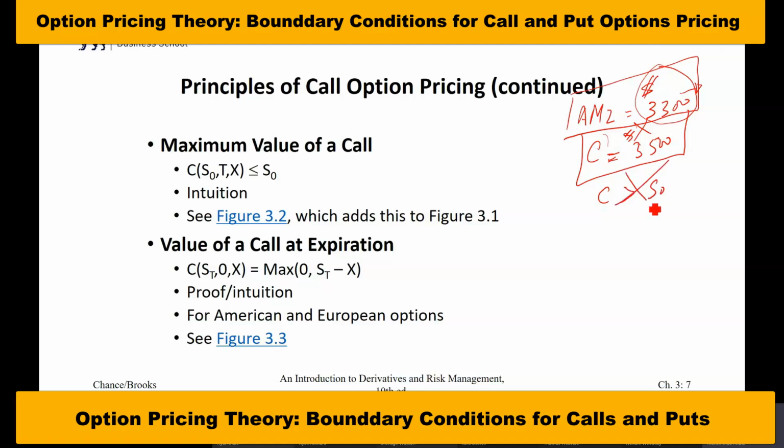This would be really stupid, because why don't you go straight away and buy the underlying for a lower price? So any call option will have its value always less than or equal to the price of the underlying. Why do we say that the maximum I am ready to pay is the price of the underlying?